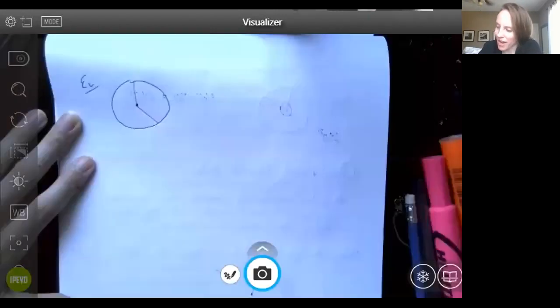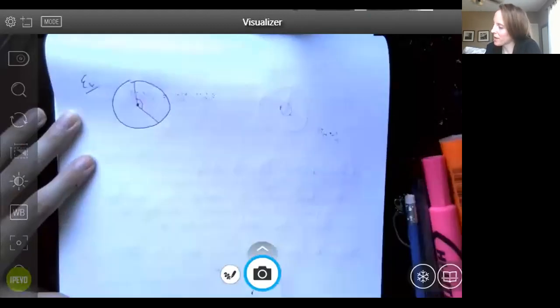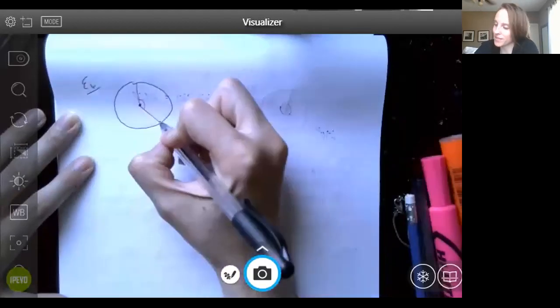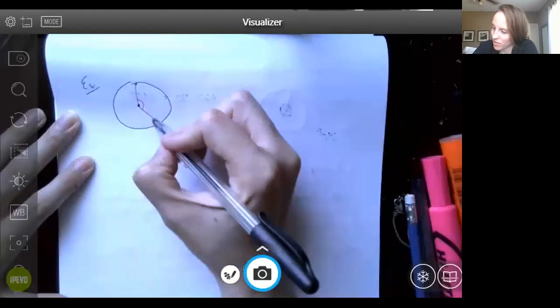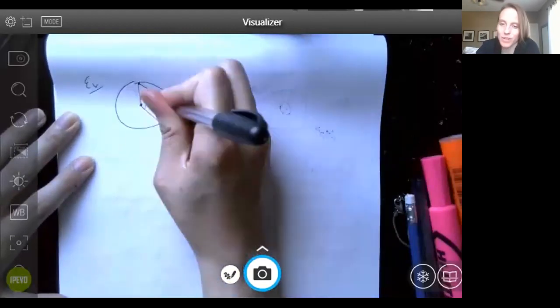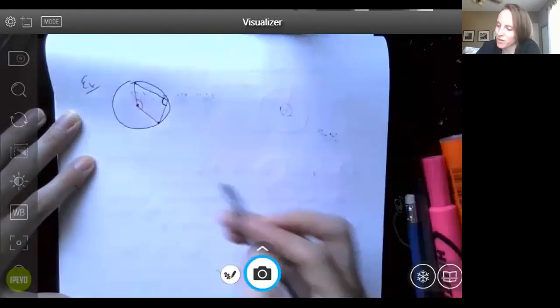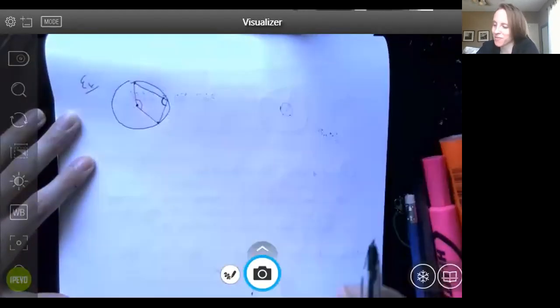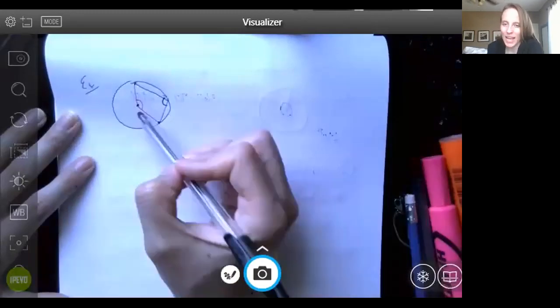Okay, so far I have drawn in a central angle. I'm also going to put an inscribed angle with the same endpoint still. But this time my inscribed angle is facing towards my central angle. So it forms this four-sided shape. That's why these are called quadrilateral rules, by the way, because they form four-sided shapes.